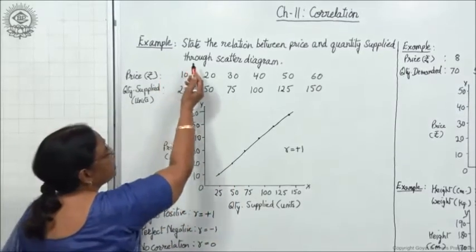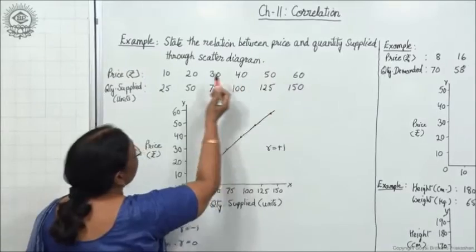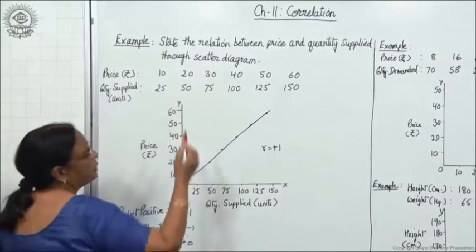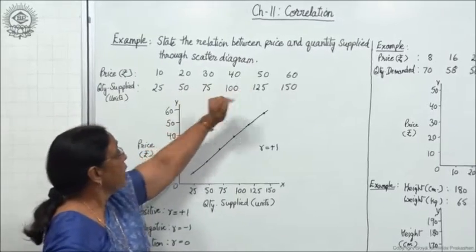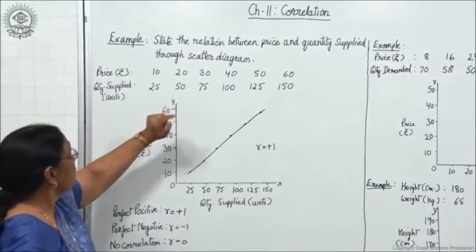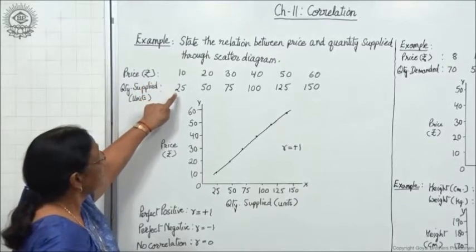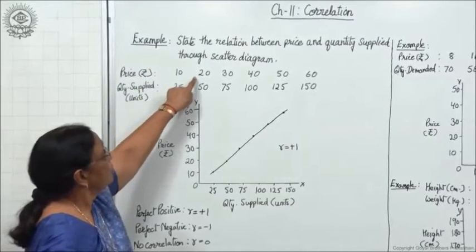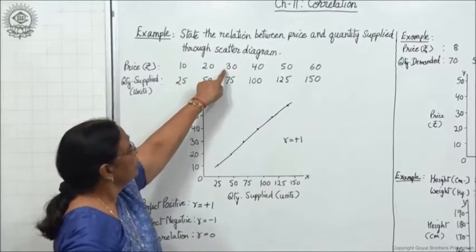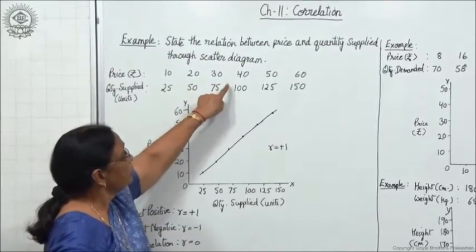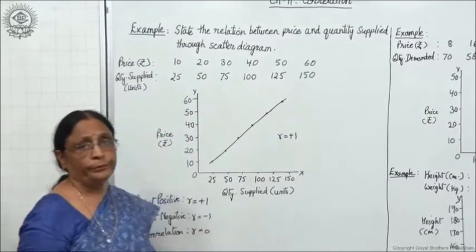Now the question says state the relation between price and quantity supplied through scatter diagram. Now this is the data, price given like this, quantity supplied. This means that when the price is rupees 10, quantity supplied is 25. When the price has increased to 20, supply has become 50. At this price, this is the supply. Similarly, at this price, this is the supply, and so on.